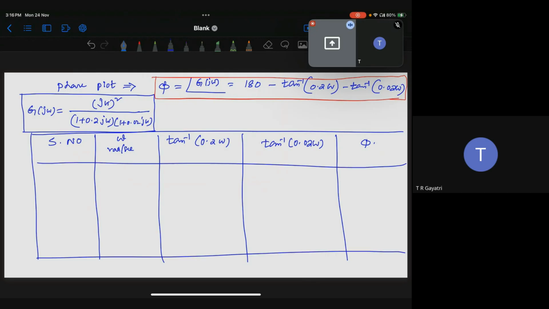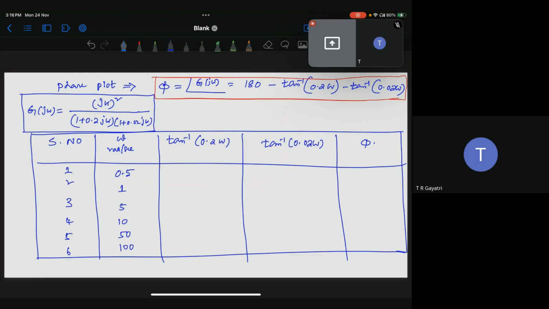For all these same omegas, we will calculate: 0.5, 1, 5, 10, 50, 100. Let's say 1, 2, 3, 4, 5, 6.